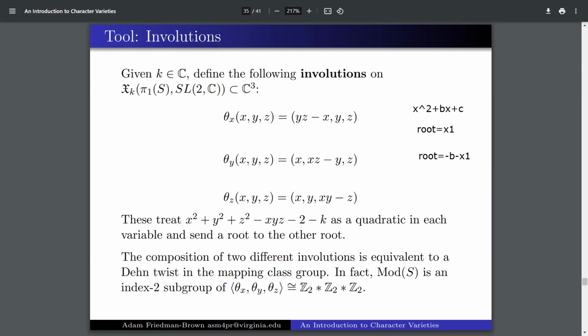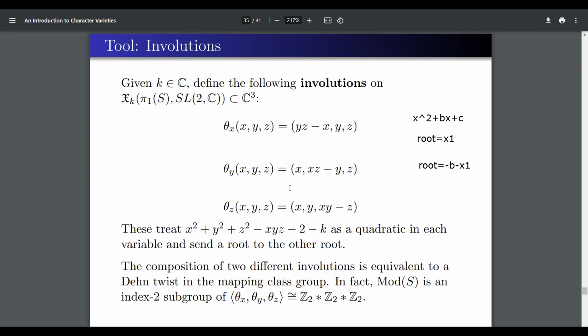In particular, it's a bit more than the mapping class group. The mapping class group is an index 2 subgroup of the group generated by these involutions. Again, they're each order 2, and they freely multiply together. There are no relations between them. And so that's a very algebraic action to study in order to talk about the mapping class group's action on these character varieties.